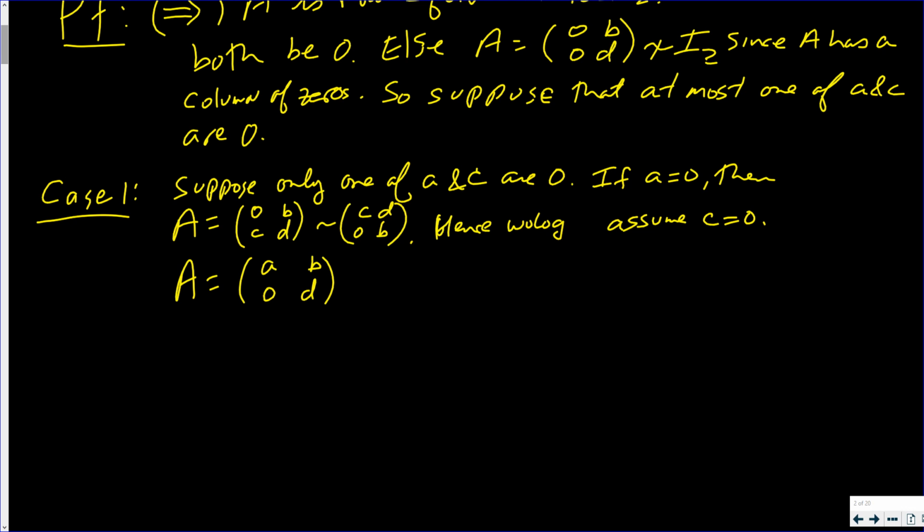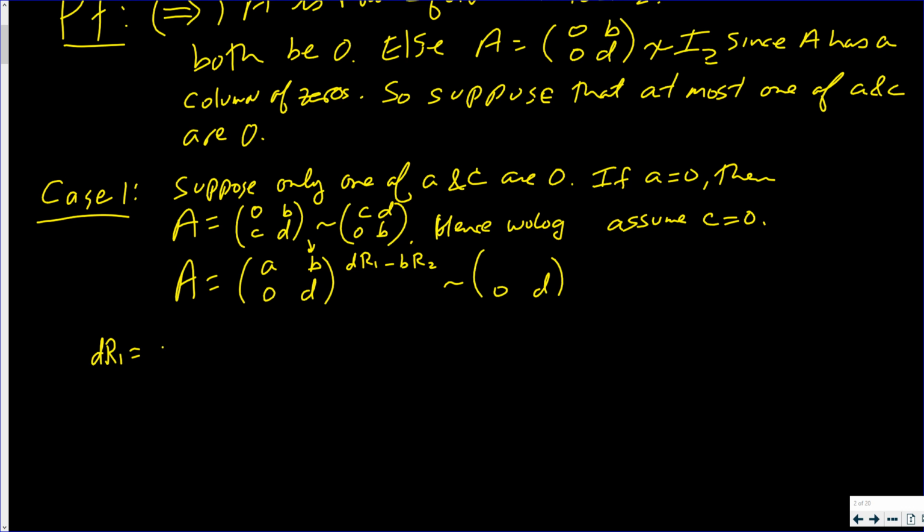And to row reduce this, I would like to get the B to become 0. So we're going to change row 1. I'm going to multiply row 1 by D, and I'm going to multiply row 2 by B, and I'm going to subtract. So the second row did not change. Let's do the side work on the side.